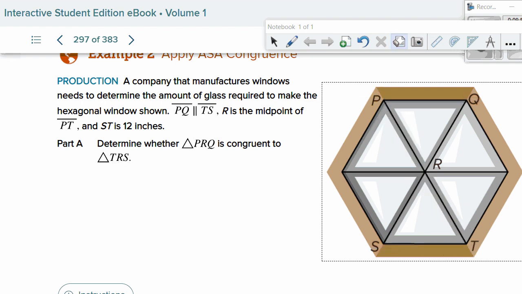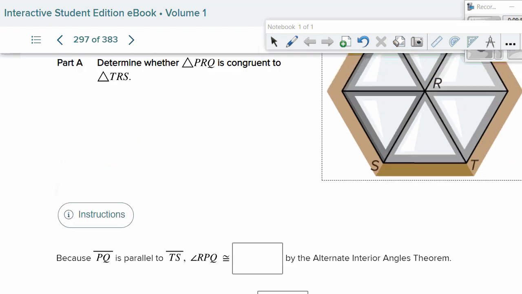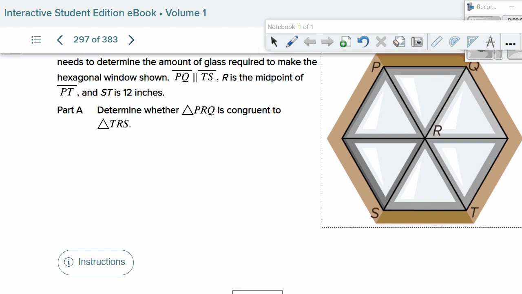On the question right down below this, they give me some other things. First off, they told me in the problem earlier that ST was 12. They also tell me that the height of this triangle, STR, was like 10 point, I think 4. I'm going to round it up. So the height was 10.4. ST, which is the base of that triangle, was 12.